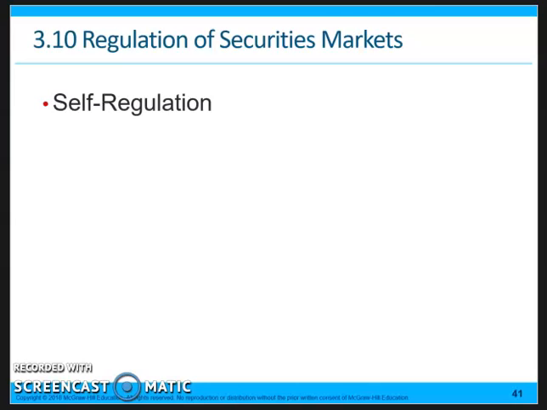For the most part, markets are self-regulated, with requirements also mandated by Congress, but the SEC and the NASD are self-regulatory organizations, and they regulate brokers and brokerage firms.